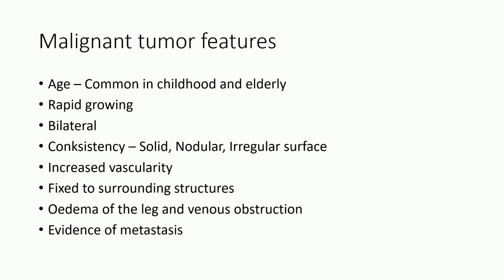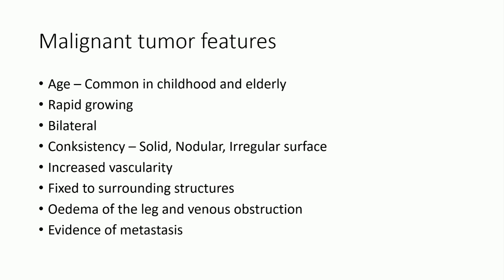So that is also suggestive of malignant. We know also that inflammatory tumors also can get attached to the surrounding structure. That's why I already told these features are not 100% toward the malignant tumors, but if we find these features, we have to always think about the malignant tumor.